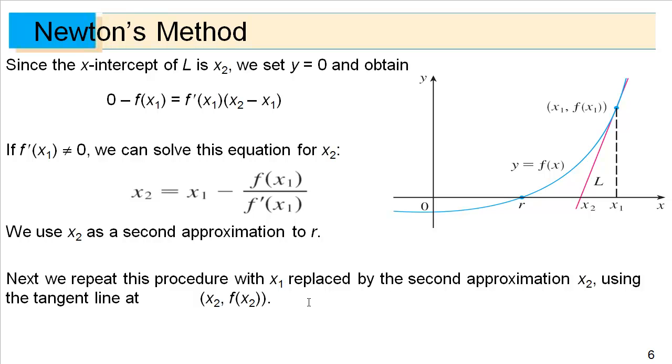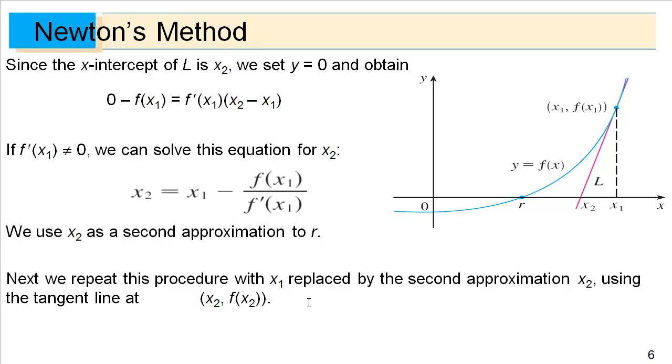We set y equal to 0 and solve, right? See, all that happened is y is now equal to 0. Well, if your derivative doesn't equal 0, which it shouldn't, because if your derivative equals 0 at that point, then that means you have a horizontal slope, and then it will never hit the x-axis, unless of course it is the x-axis.